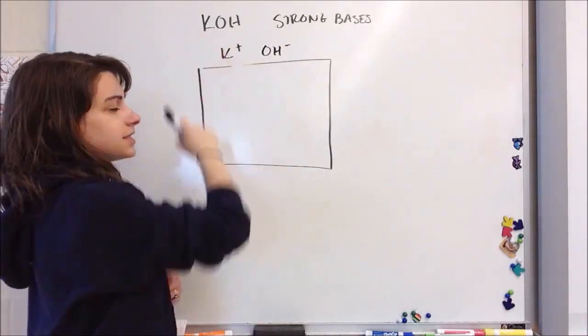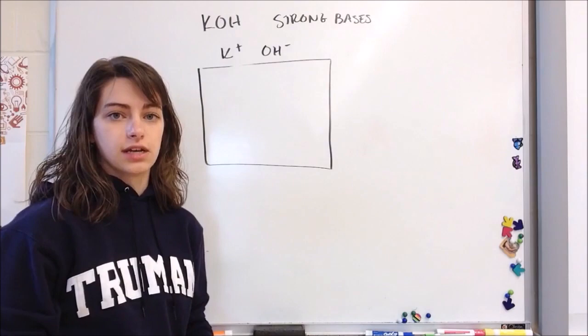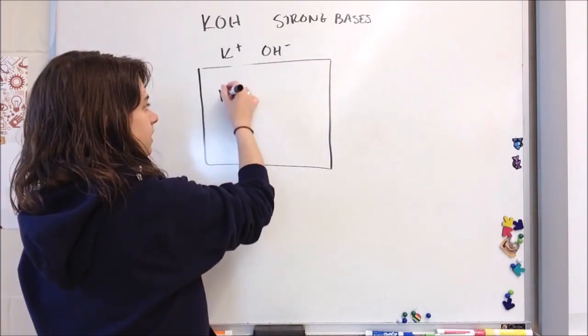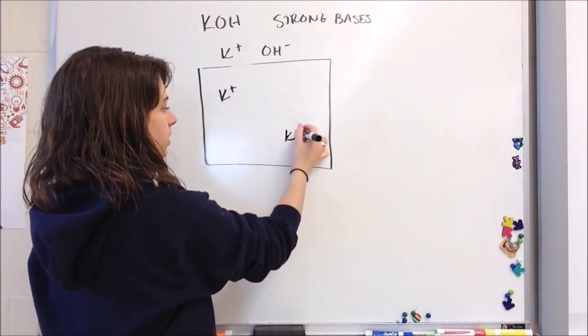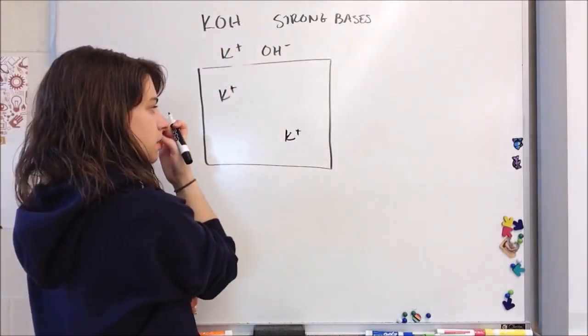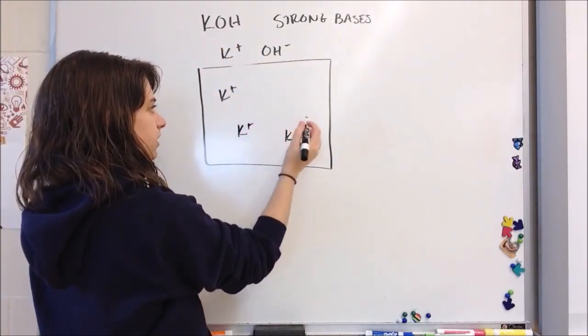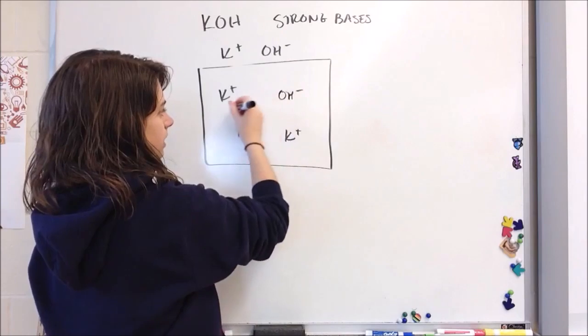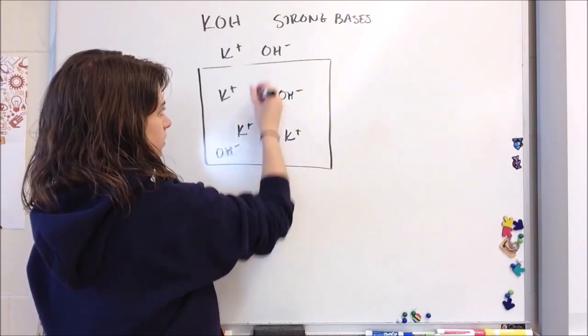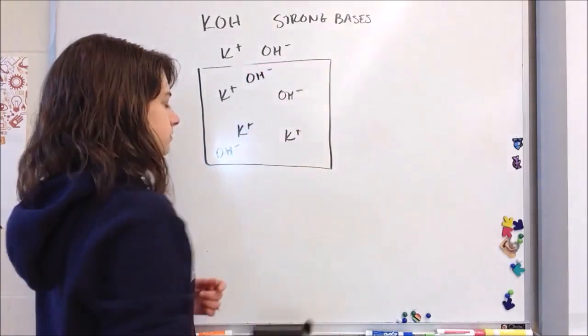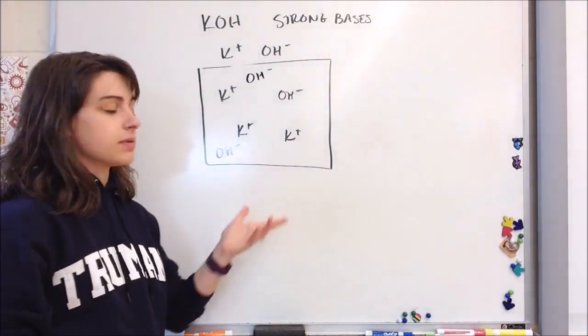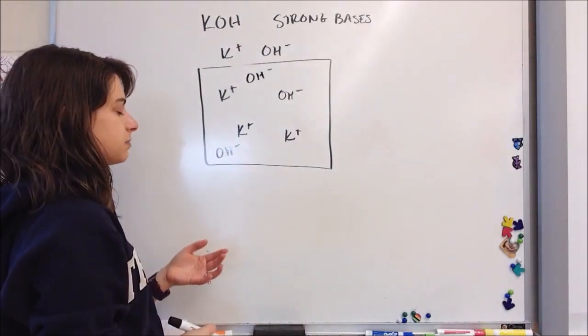We're not going to see any potassium hydroxide because it completely dissociates because it's a strong base. And again, these are going to be in a 1-to-1 ratio because they're in a 1-to-1 ratio in their formula. So if I have 3 potassium ions, I have to have 3 hydroxide ions.